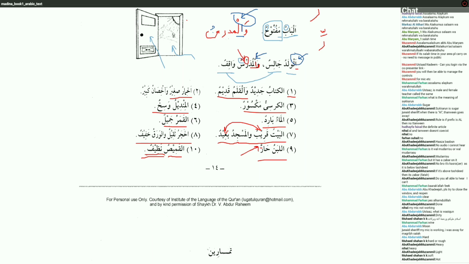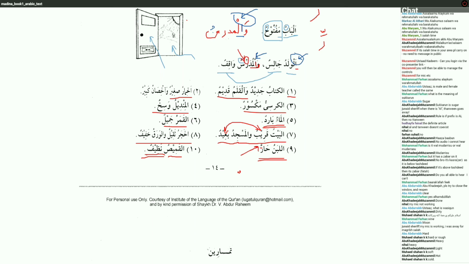Sometimes they write like this, then they give another squiggle, and that indicates that there's two dhammas taking place. Al-labanu harrun. It's the opposite of baridun. Al-ma'u baridun. Cold. The opposite, al-labanu harrun.